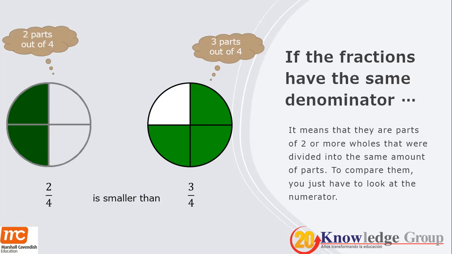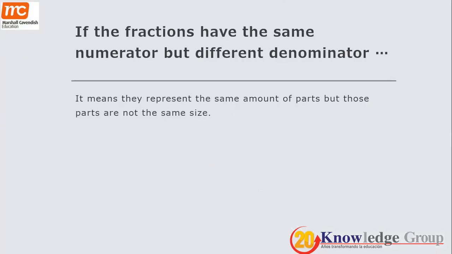If the denominators are the same, then the greater fraction is going to be the one with the greater numerator.